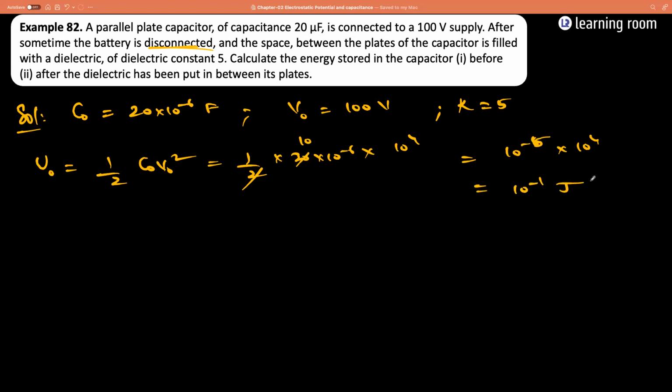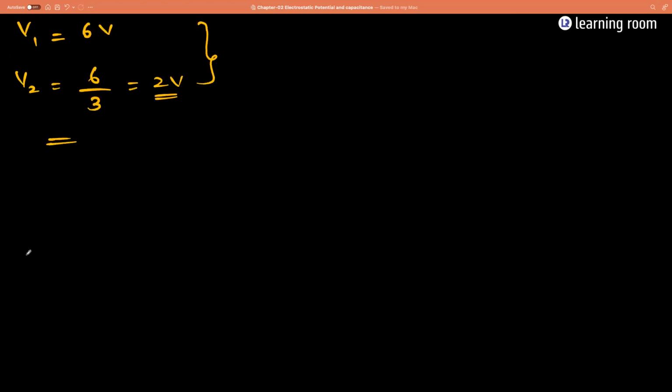How did you get 1000? Yes, sir, 10 power minus 1. It is 0.1 joule. That is before. After the dielectric, it'll be 0.02 joule. Correct. In the second case, after the battery is disconnected, the dielectric is put.